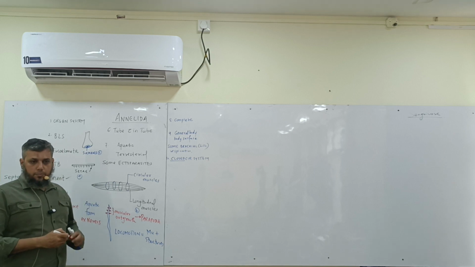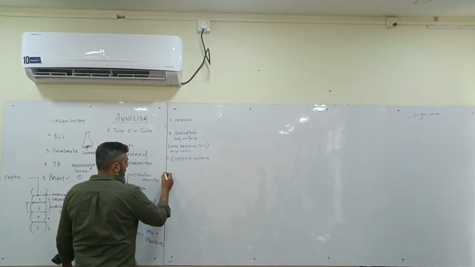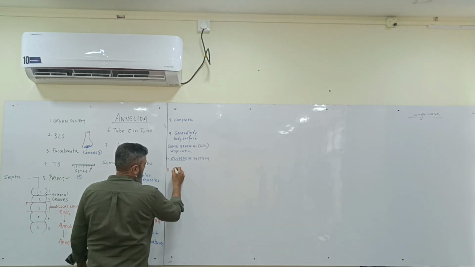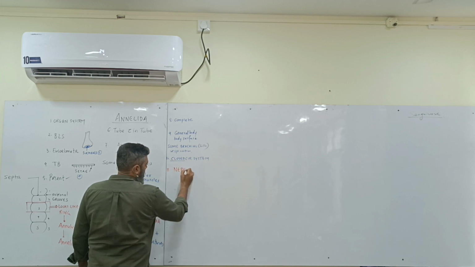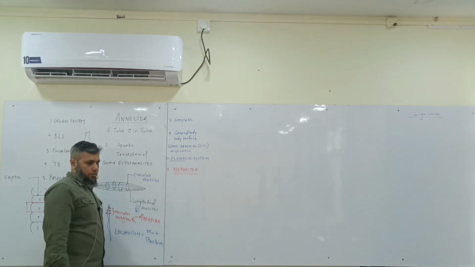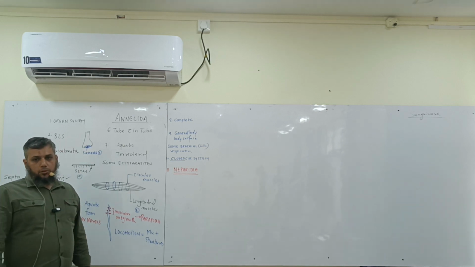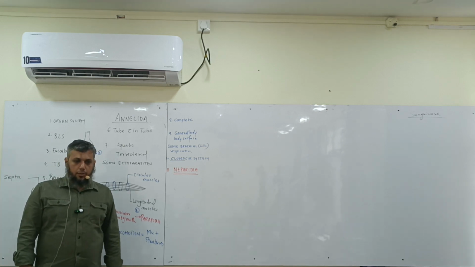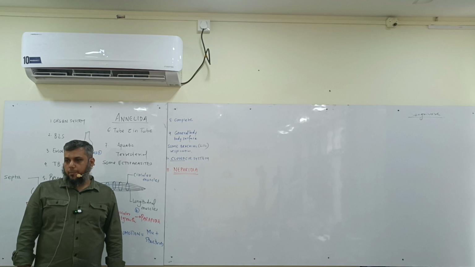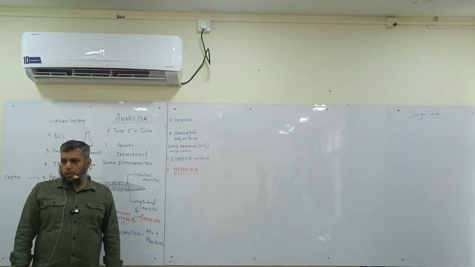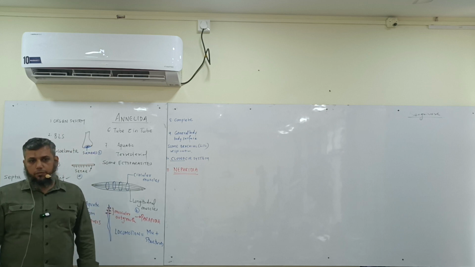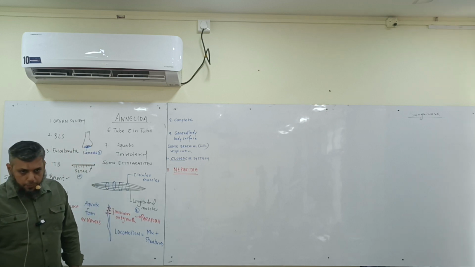Excretory system. So their excretory system, they show the presence of nephridia. Okay? Those who are aquatic, they remove the nitrogenous waste in the form of ammonia. And those who live on land, remove it in the form of urea.